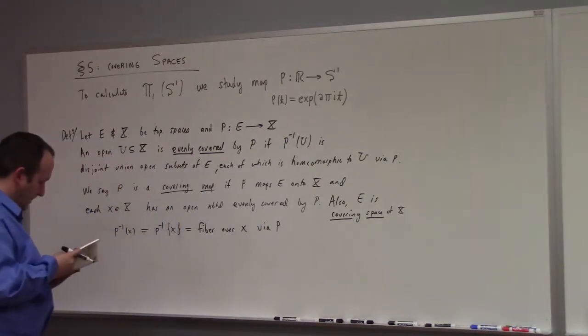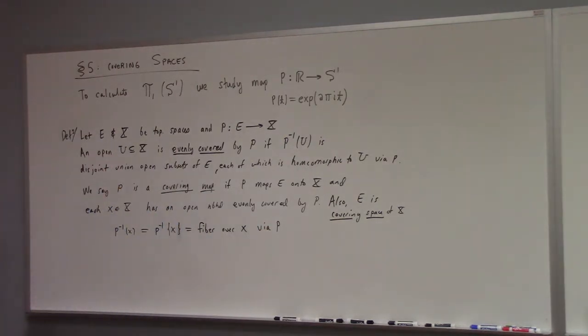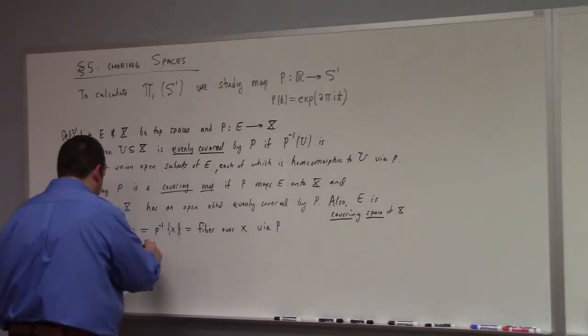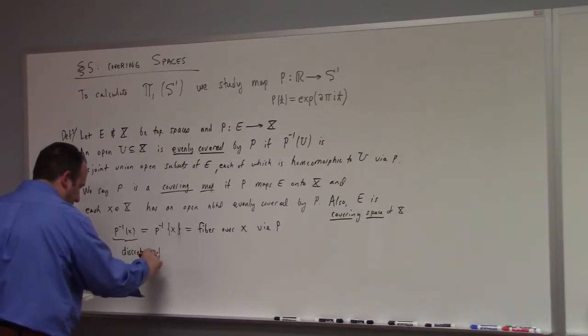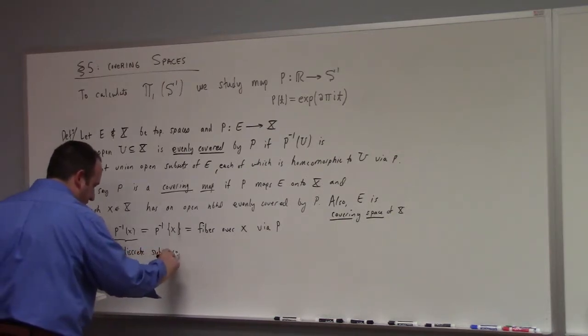He says it is evidently a discrete subspace of E. What's that mean? What's a discrete subspace of a topological space?